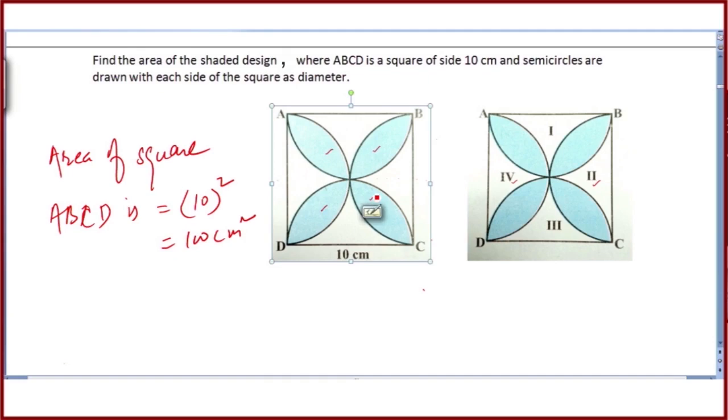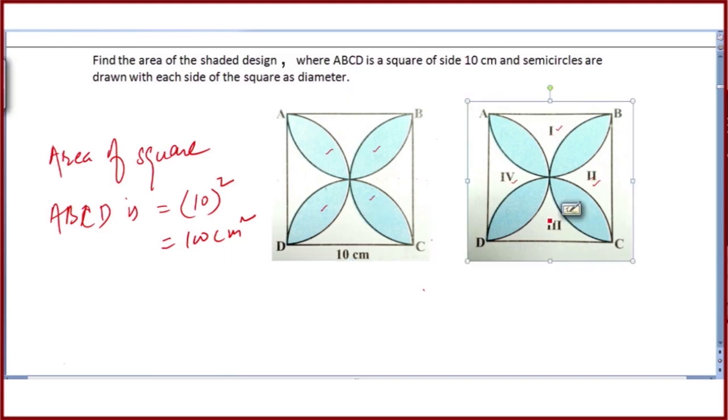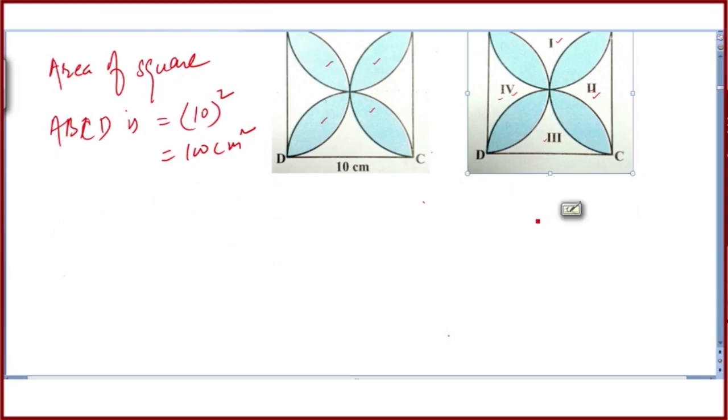Okay. So what is the plan of action, or what is the plan of solving this question? What we will do is we will subtract these 4 areas 1, 2, 3, 4 from the area of this square. And how do we do that? If you look at this figure carefully, this is a square, right? This is one semicircle, this is another semicircle, right?